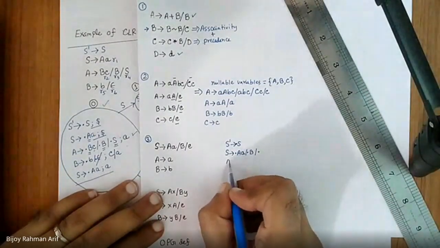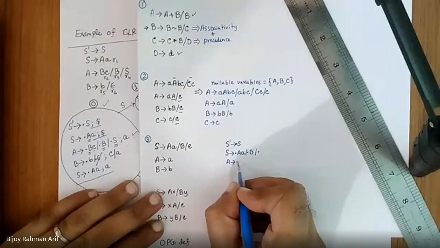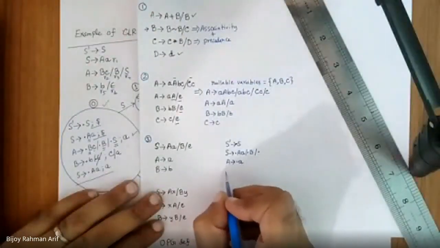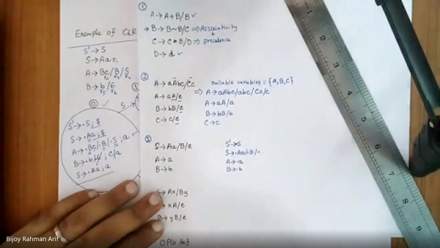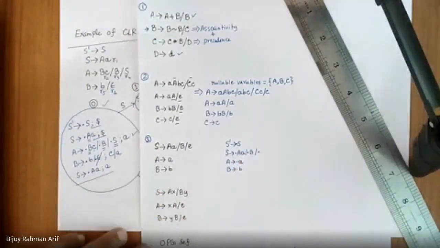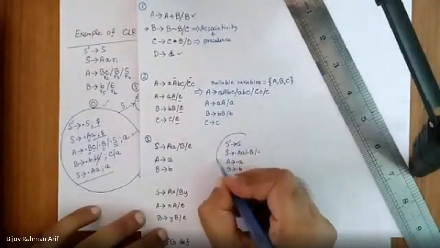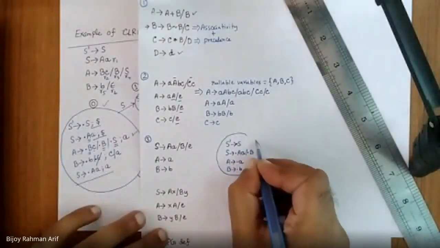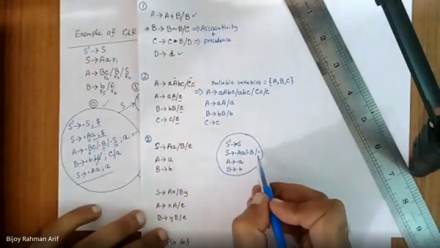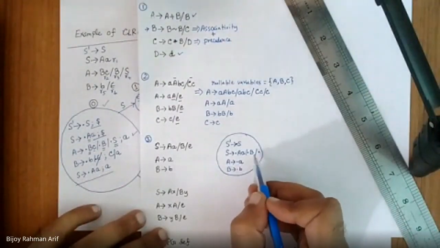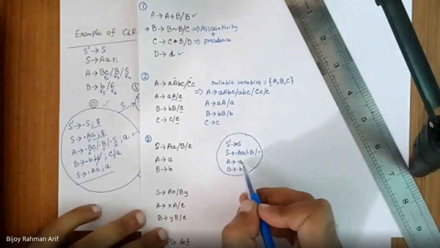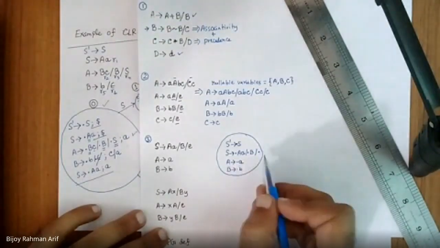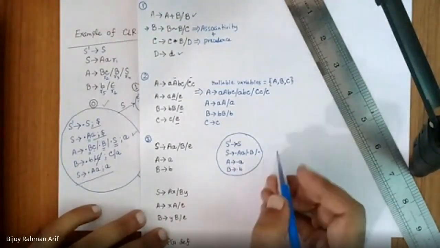A derives dot A small a, B derives dot B. This is the closure. Now there is a final item here because S derives dot. It's a final item, and there is a shift on a and b. So definitely it is not LR0.